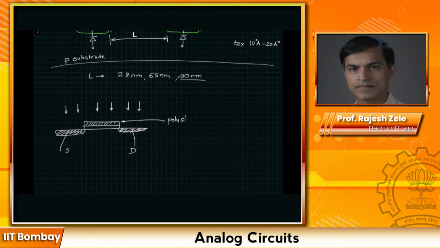So polysilicon and oxide act as a layer to carve out our source and drain region, as a result of which this process is called a self-aligning process. Once again, let me explain. Earlier we used to use metal.